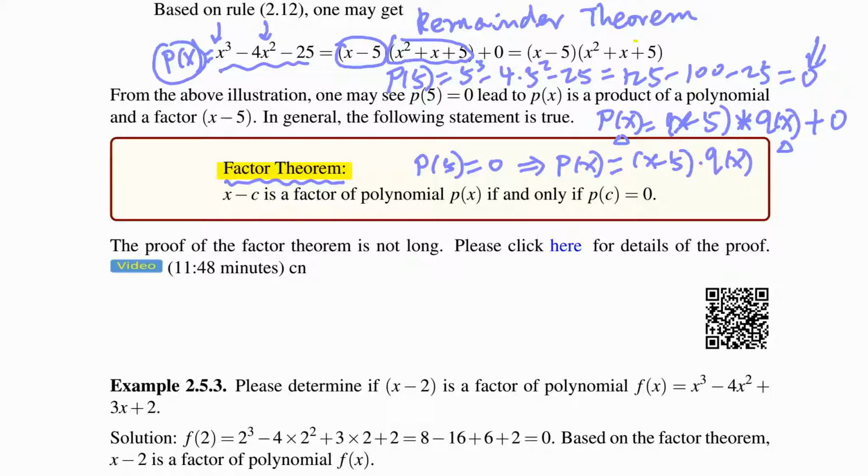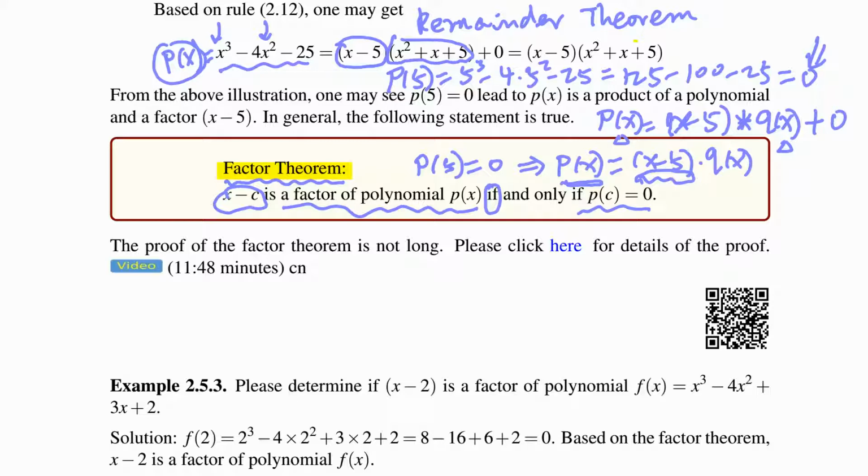Okay? Now, in general, if p of c is 0, then x minus c will be a factor of p of x. Here, basically, it says x minus 5 is a factor of p of x.